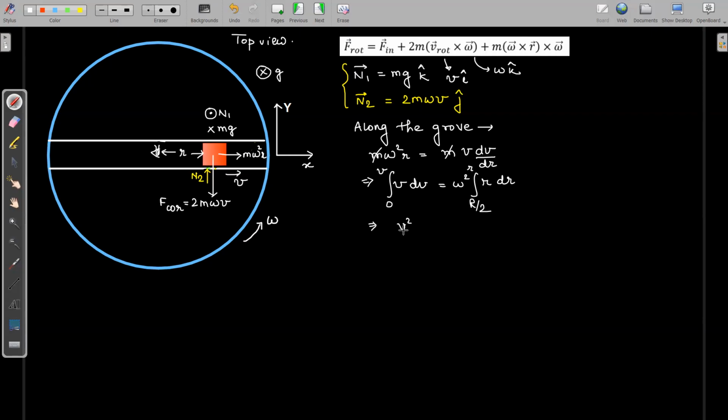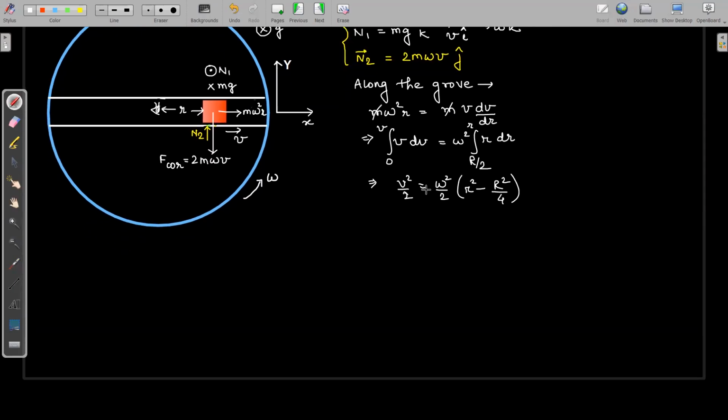So v square by 2 will be equal to omega square by 2 times small r square minus capital R square by 4, right? So the 2 term gets cancelled out. So v will be omega times the square root of small r square minus capital R square by 4. So this will be the velocity as a function of radial distance small r.